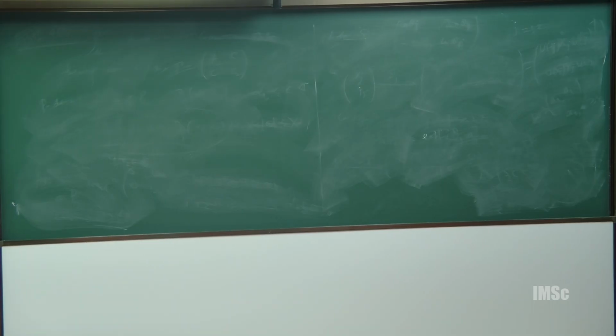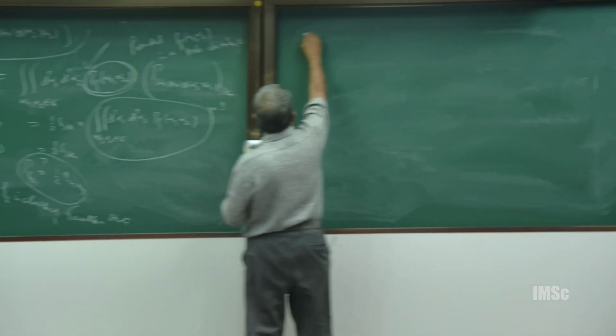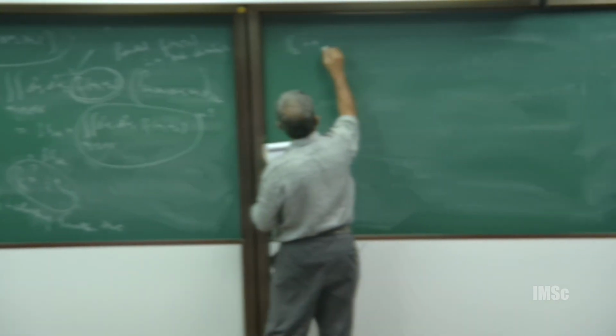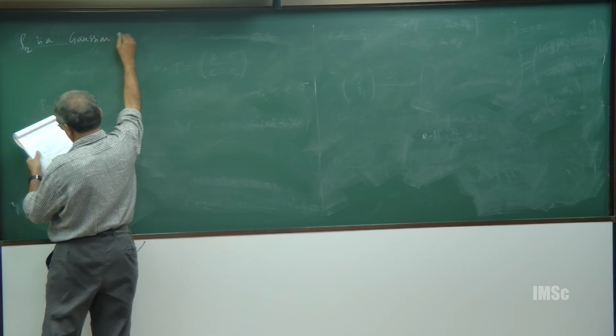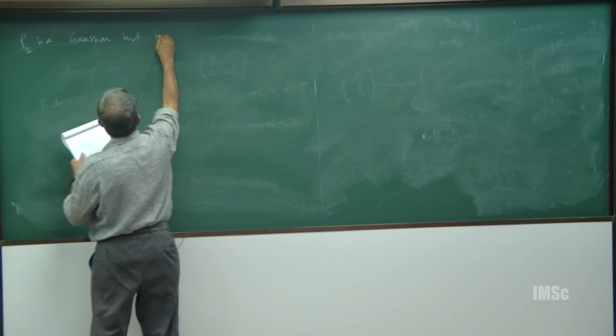So, now to prove the opposite one, let us take that rho 1 2 is a Gaussian, but non classical state.